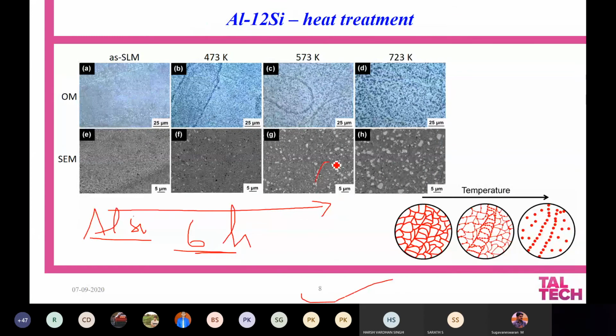The size and the number of silicon particles grow over time, can be measured and tabulated, but I'm not going there. Just wanted to show that with thermal treatment, the microstructure is going to completely change from submicron microstructure to micron size microstructure.